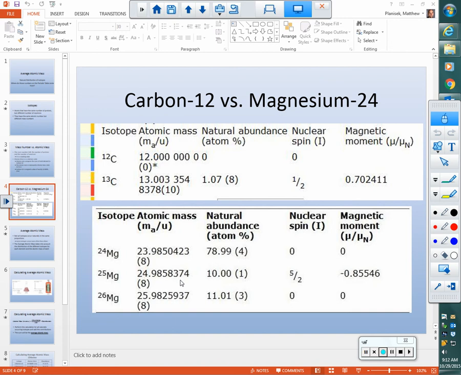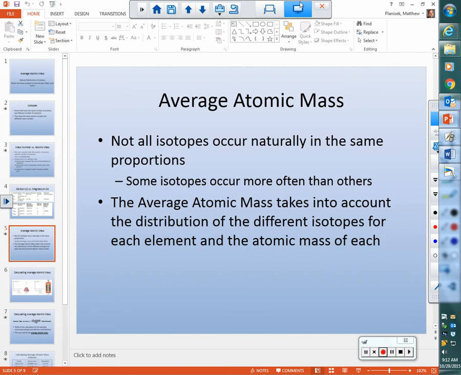It's an average, but it's not a straight average, right? Because, go ahead, Nate. It's based not only on how big each element is, but also how often it shows up, right? So we have to look at the atomic mass of each atom, but then what percentage of atoms are that isotope. And that gets us the average atomic mass, right?